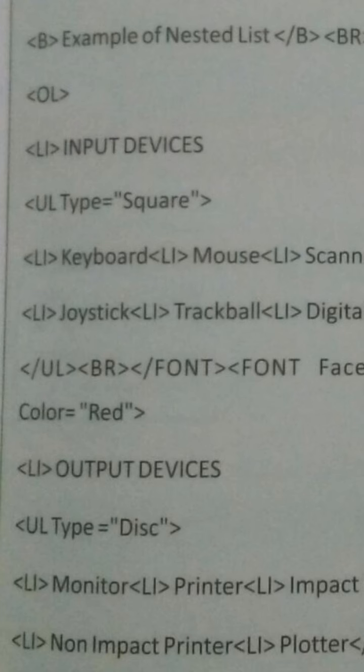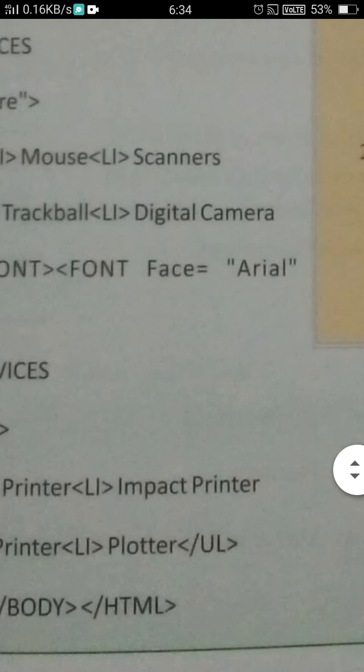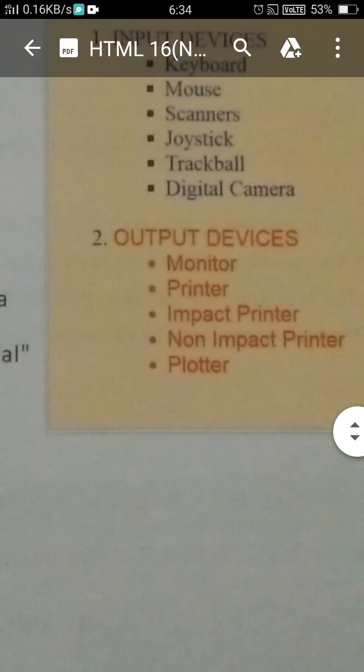After that, the li tag is used, means earlier OL was going on, and by using the OL, 1 was printed. Now in front of the output device, it will print 2. After that, again UL tag, it will print the disk in front of the monitor, printer, etc. Have a look.